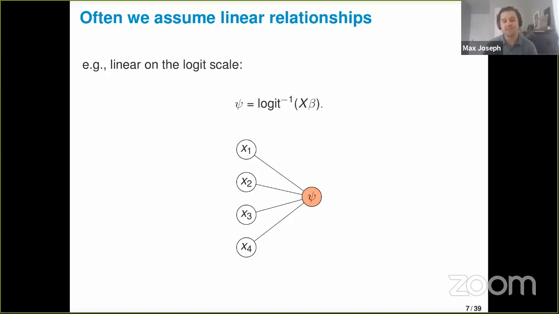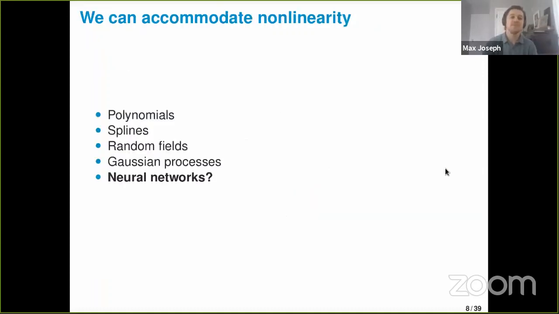So for instance, for an occupancy probability, we might use an inverse logit transform and just take a linear combination of our inputs, where beta is a parameter vector that describes the mapping from all of these inputs to our parameter. But we can also accommodate nonlinearity. And there are some great examples in the hierarchical modeling literature of people doing this with a variety of techniques. And I want to think a little bit about whether we can use neural networks for this purpose.